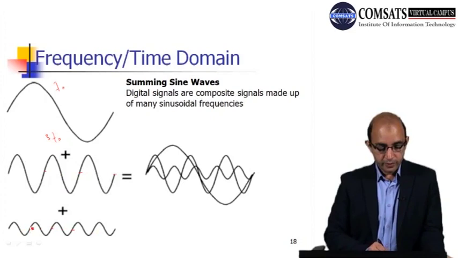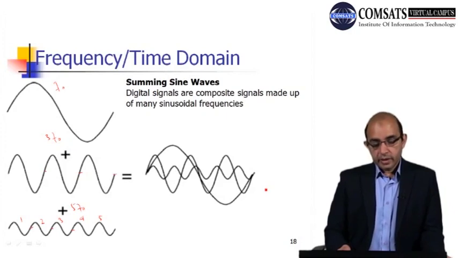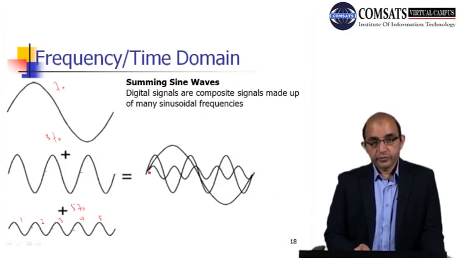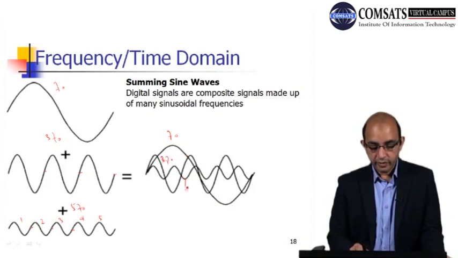Here we have 1, 2, 3, 4 and 5, so 5f0. You can see that we have to superimpose these. This is the fundamental frequency f0, this one is 3f0, and here we have 5f0.